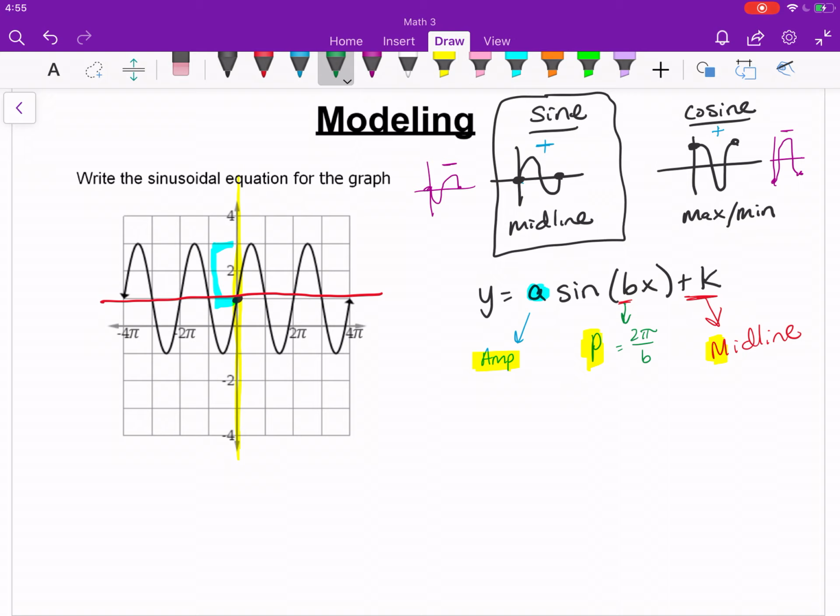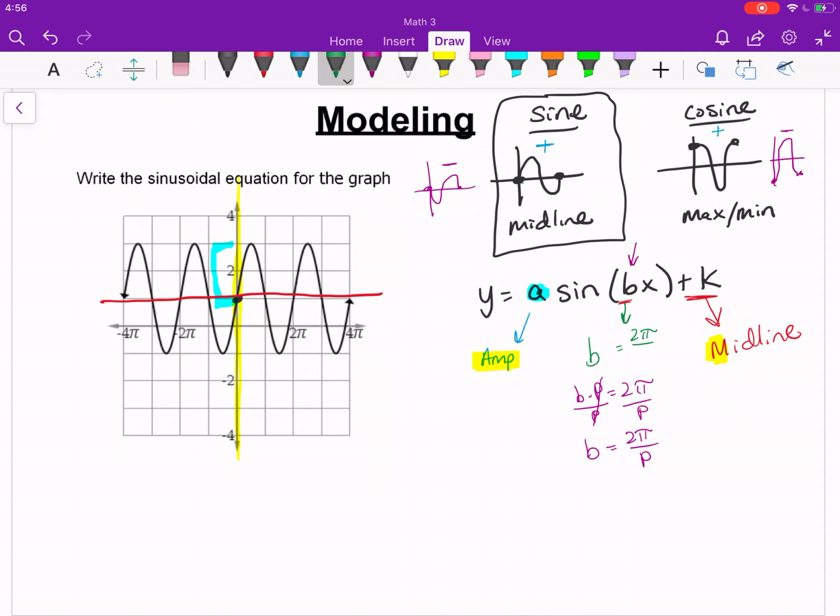Now, before we can find all that information, one thing to note about the period. Because the period's not what we're going to put in here, we want the B, we need to solve this equation for B. So I'm going to go ahead and multiply both sides by B. So B times P equals 2 pi, and then divide by P to find our B. So B, notice, is actually just 2 pi over P, or if you went back to what I originally wrote, literally all you have to do is swap those 2 places.